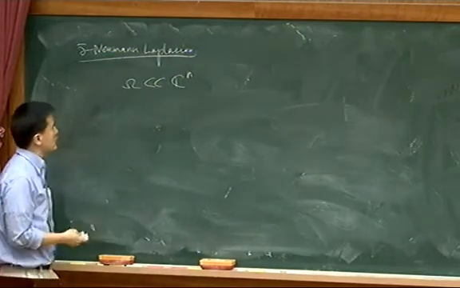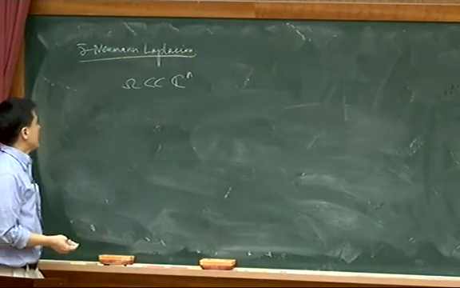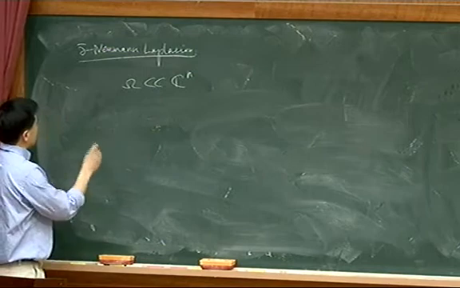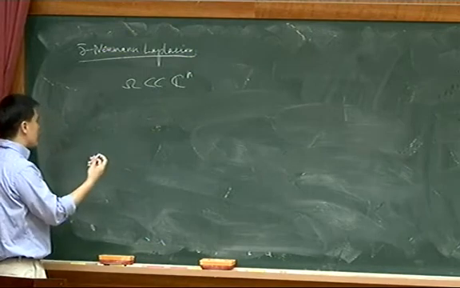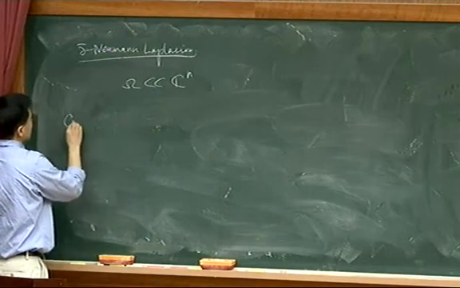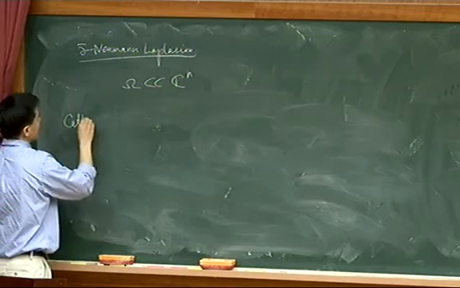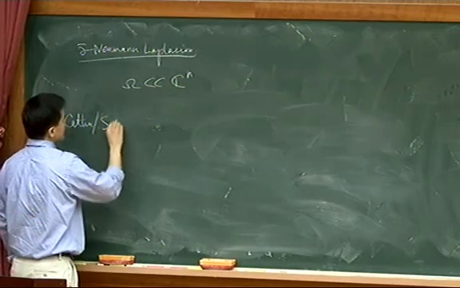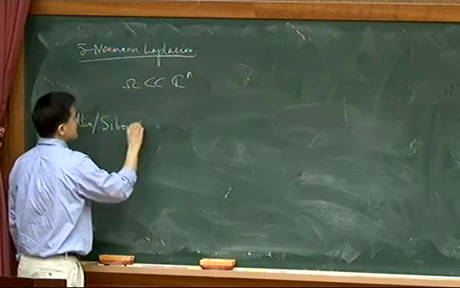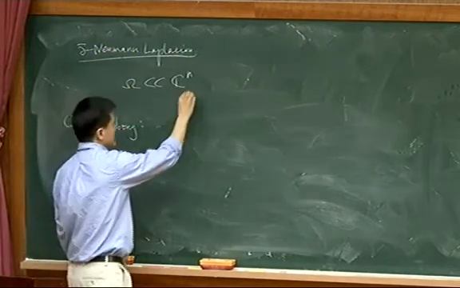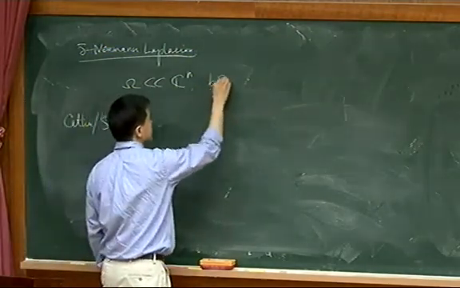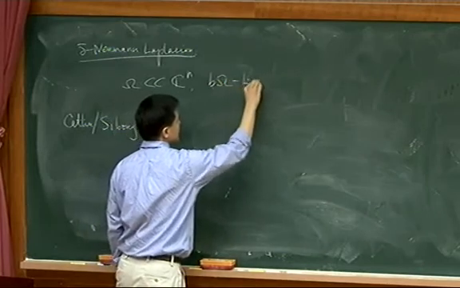The essential spectrum is not empty. Now there is a sufficient condition due to Catlin and also by Sibony that says, let's assume here the boundary is Lipschitz, just a technicality.